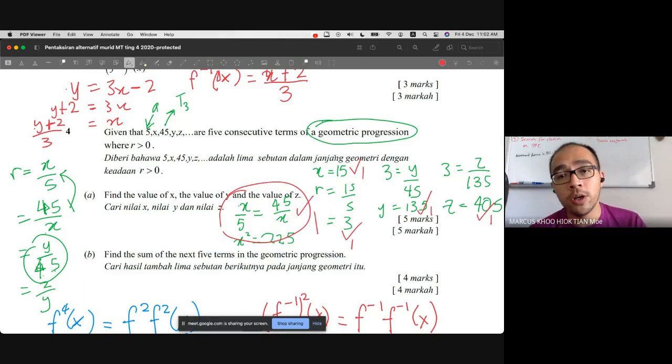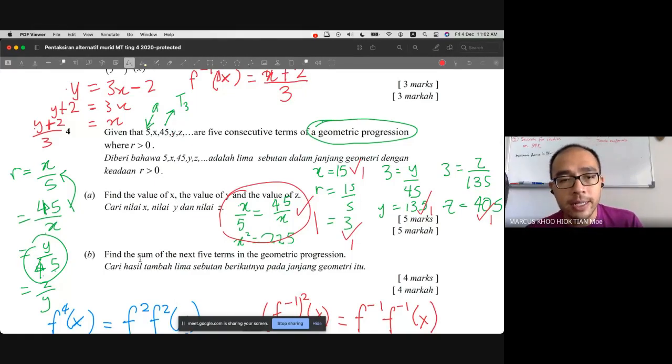But of course, 3 marks ini memang tidak boleh salah lah. x kamu mesti betul, y kamu mesti betul, z kamu mesti betul, kau akan dapat ini 3 markah. But the other 2 marks actually is there are many ways to get this answer. Okay, saya menggunakan fahaman yang paling senang, which is in the geometric progression, second divided by first equals to third divided by second equals to fourth divided by third equals to fifth divided by fourth.